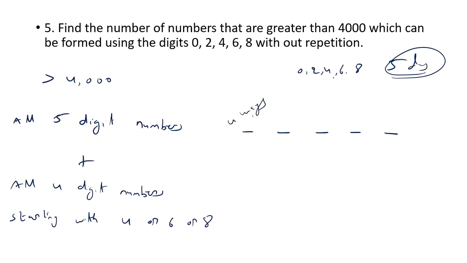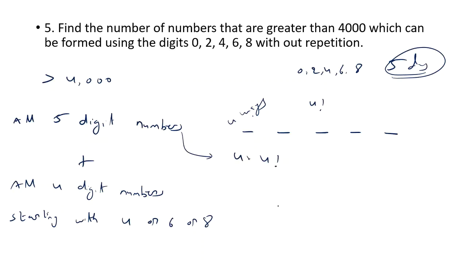So I can fill those 4 objects in these 4 blanks in 4 factorial ways. So the total number of 5-digit numbers is going to be 4 times 4 factorial.